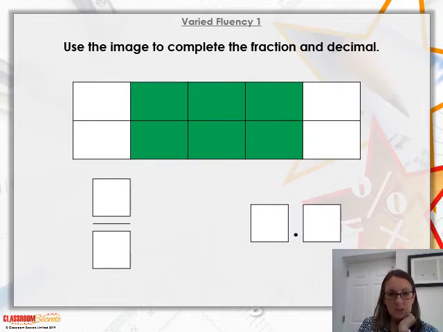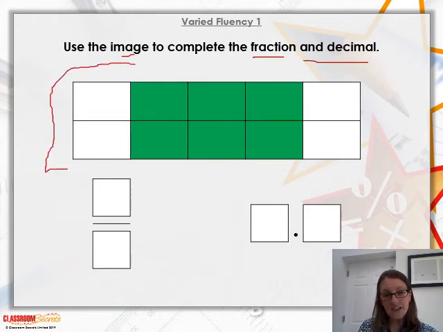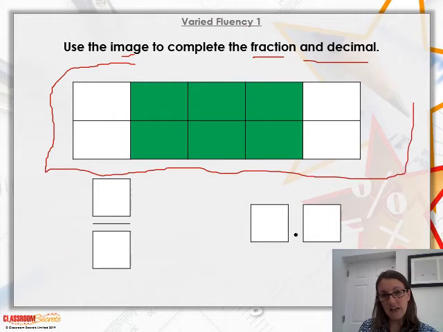Use the image to complete the fraction and decimal. Okay, so first of all, how many parts all together have I got in this shape?